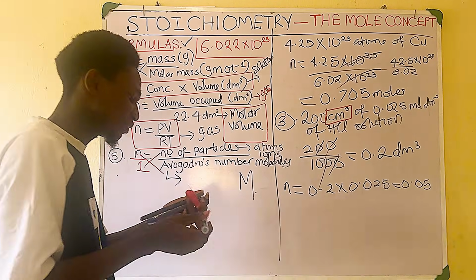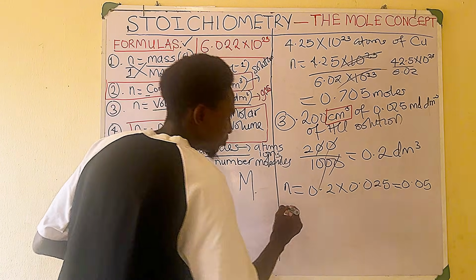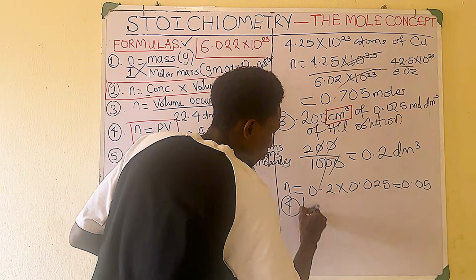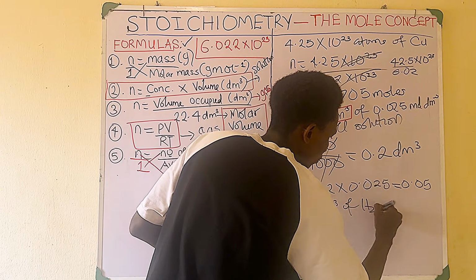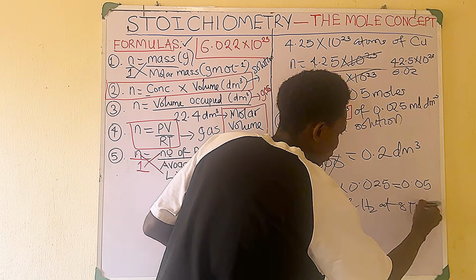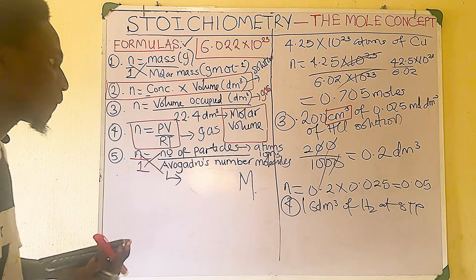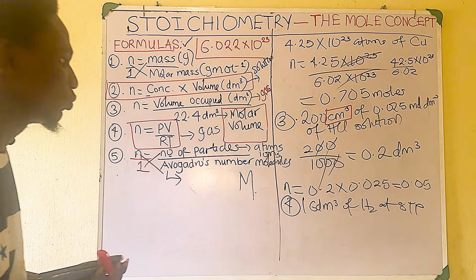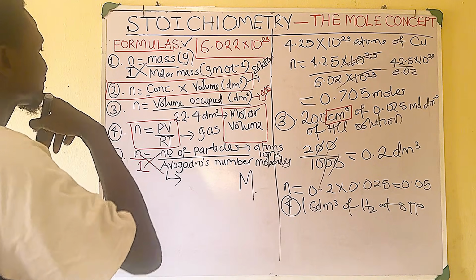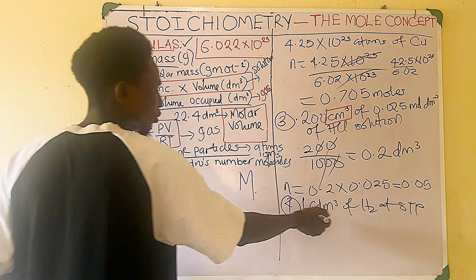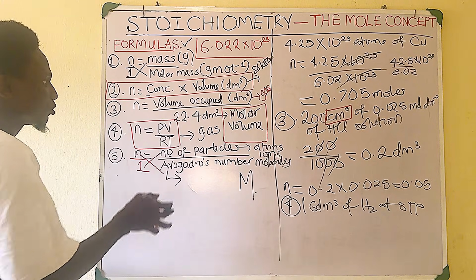We don't have time. 16 dm cube of hydrogen gas, H2, at STP. What do we do here? We have dm cube of hydrogen at STP. Whenever I see dm cube or cm cube, you know it's volume.